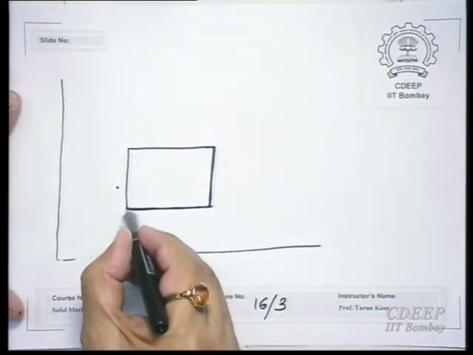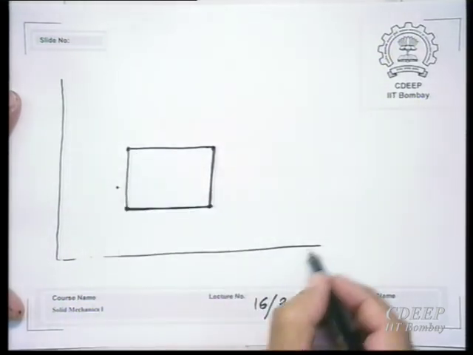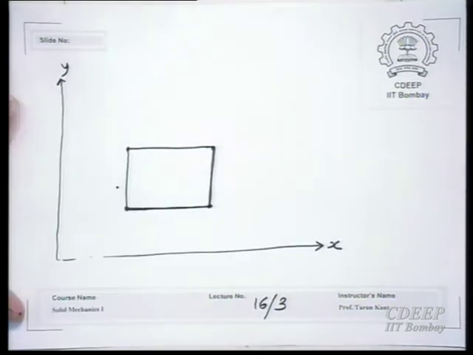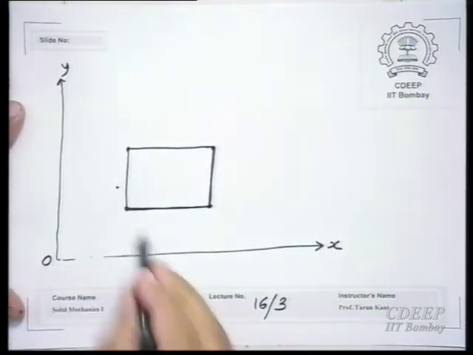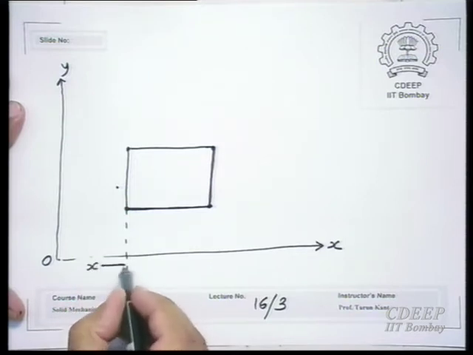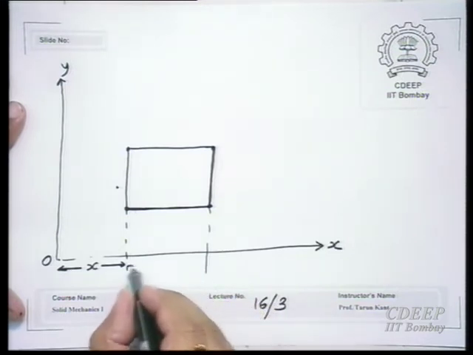Okay, so this is a small rectangular element in the xy plane. This is the origin, this distance is x, and this plus this is delta x.